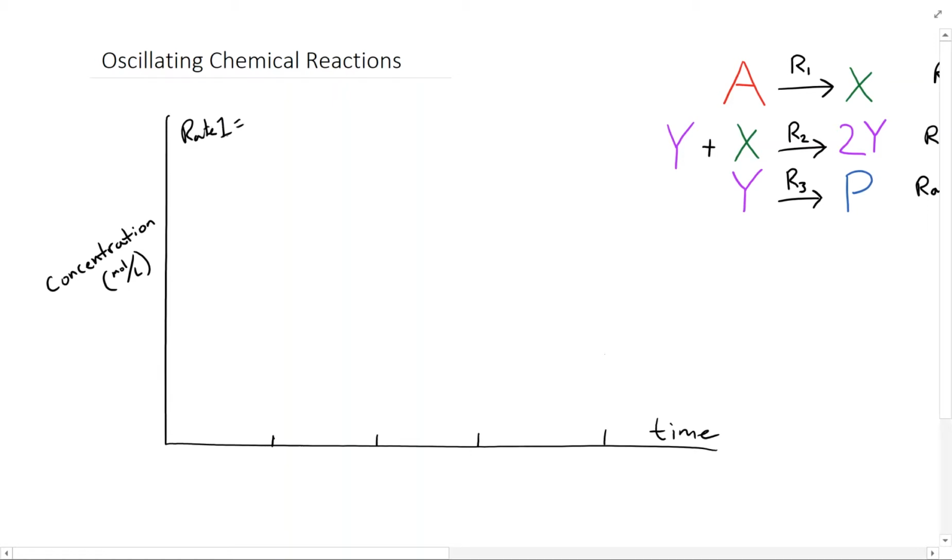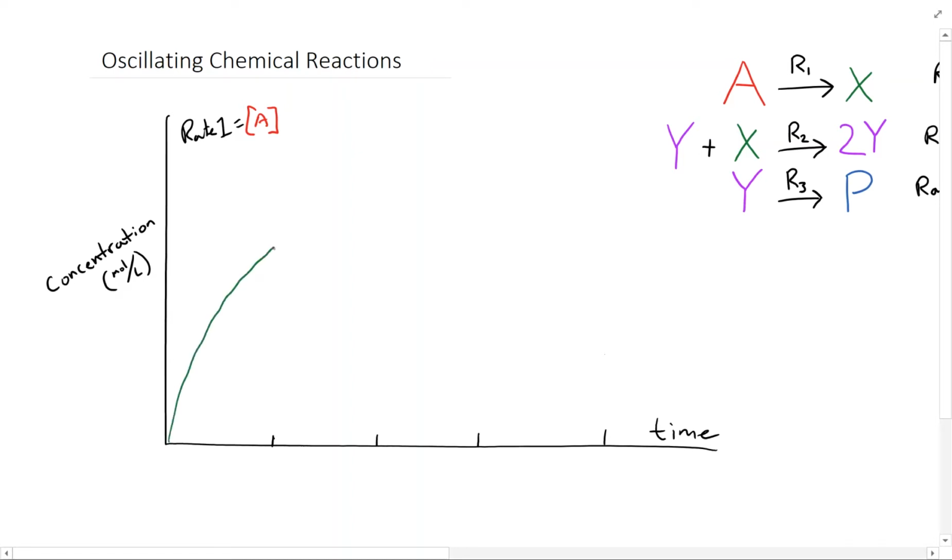And it's based upon what? Entirely the concentration of A. And the concentration of A at the beginning is very high. So we're going to immediately start producing a lot of X. And so the concentration of X over time would look something like this, right?